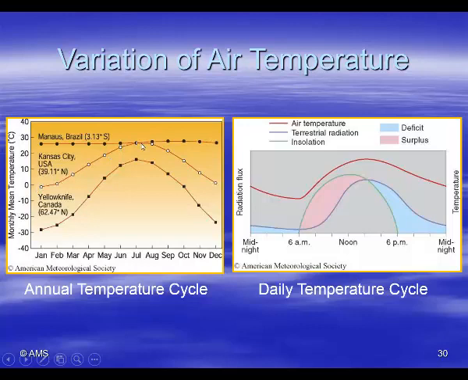Our summers are at about 25 degrees C. And finally, if we look at Canada, this is about 62 degrees north. Our temperatures in the winter are about negative 30, and we go up to about 10 degrees C in the summertime. But as we move away from the equator, this change from winter to summer becomes more extreme.